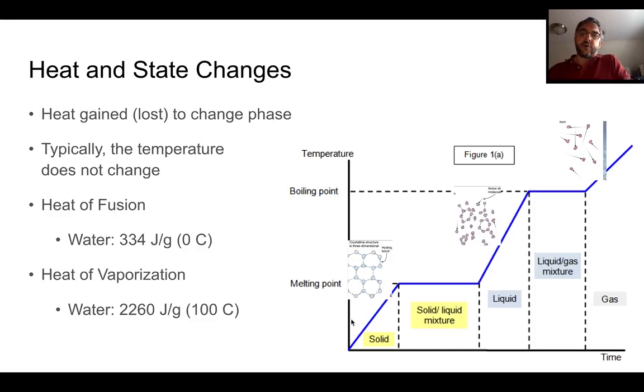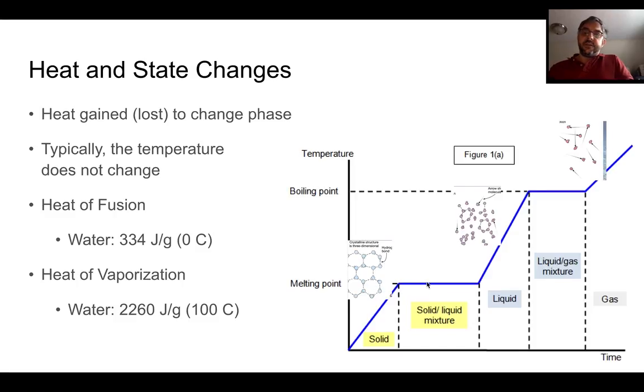If I start with water as ice, it's in a solid crystalline form, with nice hydrogen bonds, and I heat it up, its temperature is going to change because it has its own specific heat. Ice is going to have a slightly different specific heat from water. So its temperature increases as we add more heat, but it stays in this crystalline shape.